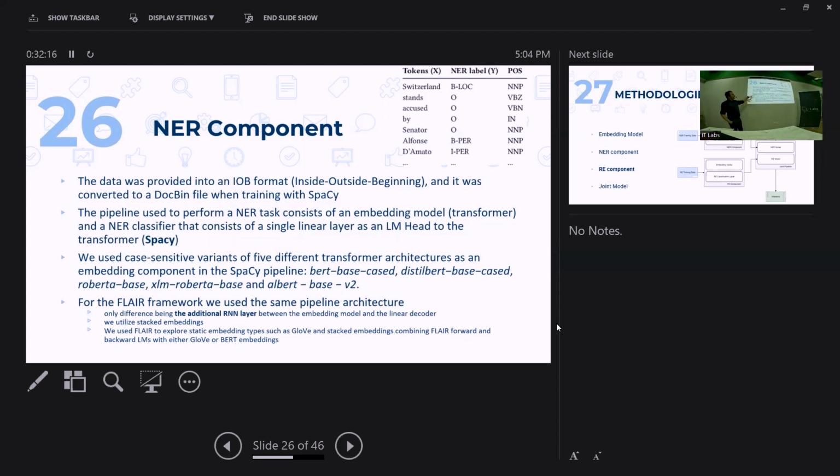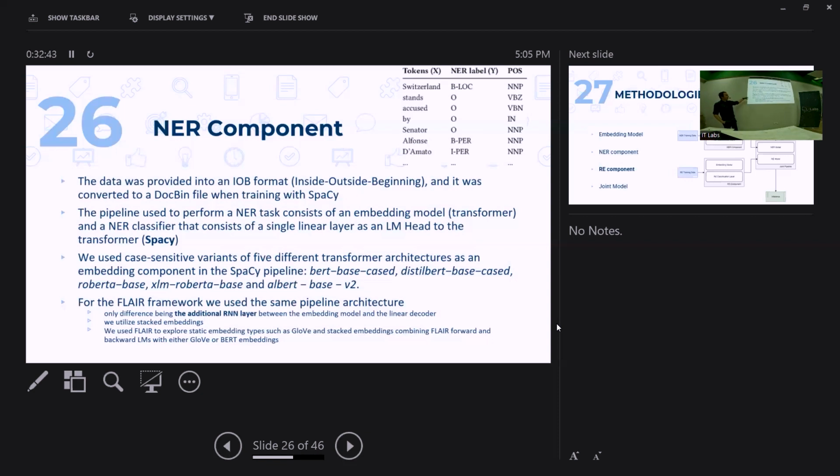We used case-sensitive variants of the 5 different transformer architectures: BERT base cased, DistilBERT, RoBERTa, which I already spoke about, and here we use the multilingual one. This is a model that can transfer learning from English to German, and it can be used in translation tasks. We just want to see how the model will function when we have a text in German, so if it will also work on this.